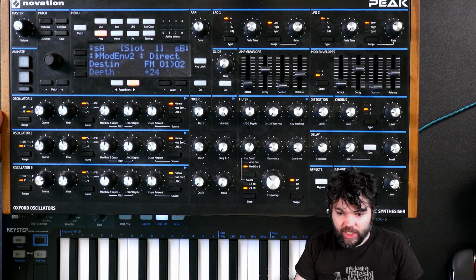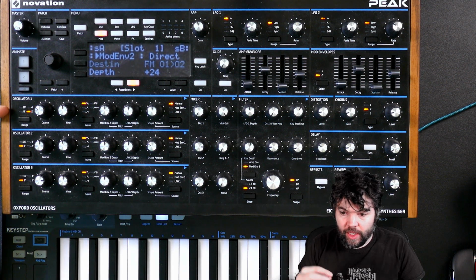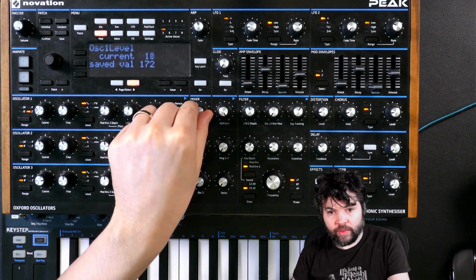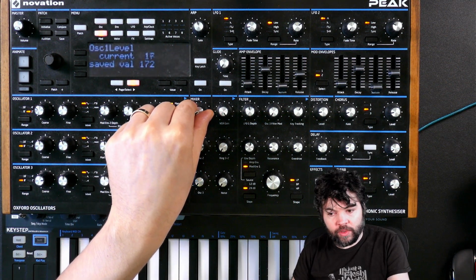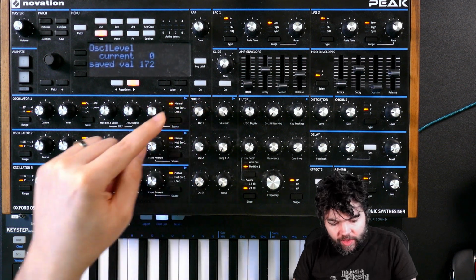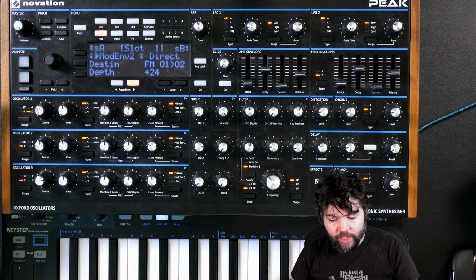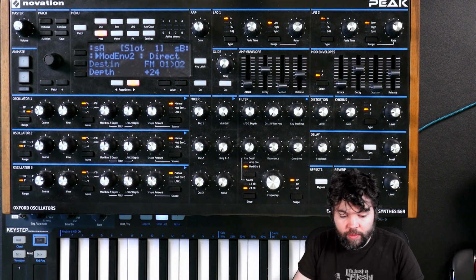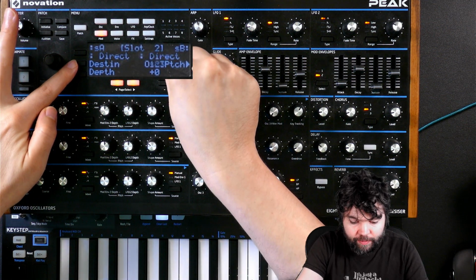If we wanted additionally to have oscillator 1 actually sound a little bit, we could try turning it up. So now we can hear some of oscillator 1. Another thing that we could do is include some of this with the envelope modulation. So what does that mean?